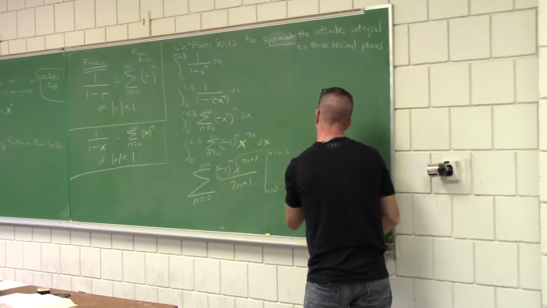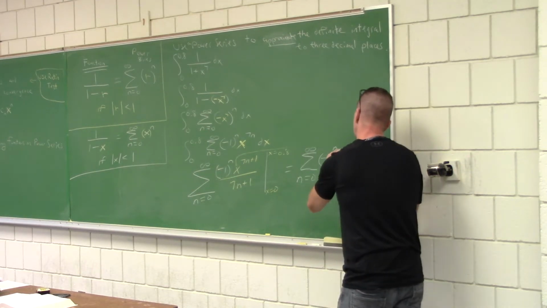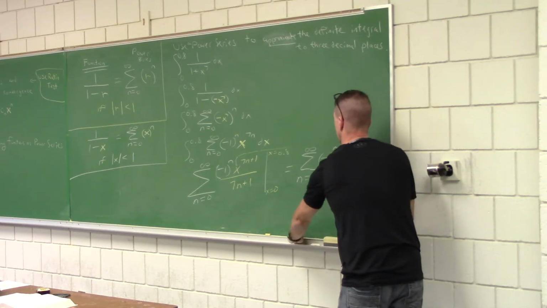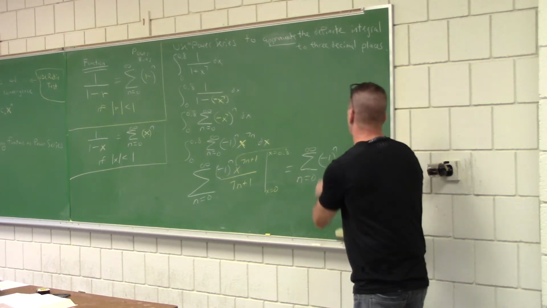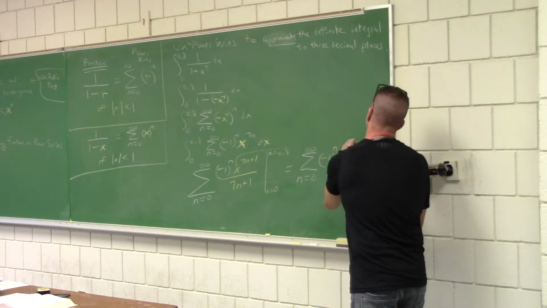Summation n equals 0. We've got negative 1 to the n. And what does this x become? 0.8, right? A 0.8 raised to the 7n plus 1.